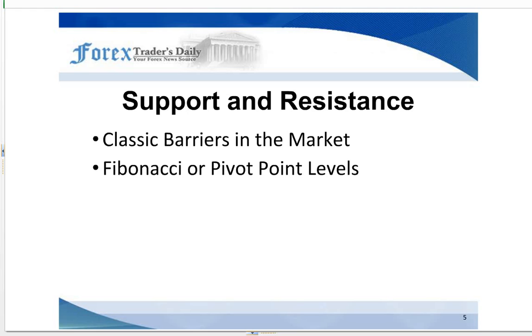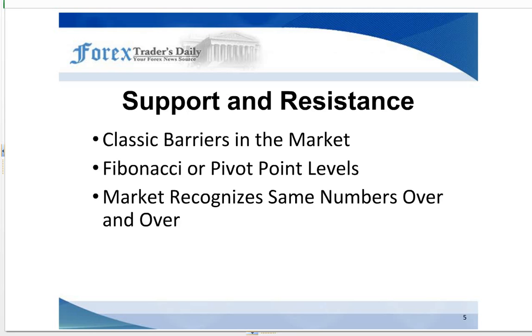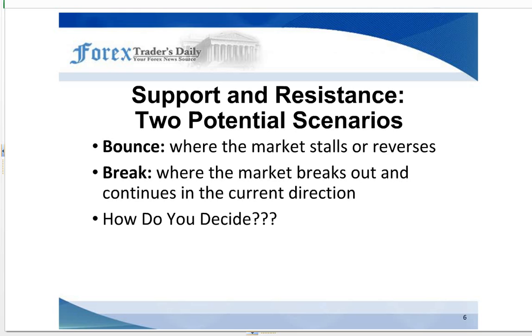And what I like also about identifying these levels of support and resistance is that often you could look back in time, sometimes days, weeks, months, or even sometimes years, and find that the market will recognize these levels over and over again. So as I kind of alluded to a minute ago, as with any barrier or these bumps or walls in the market, there's really going to be two main potential scenarios.